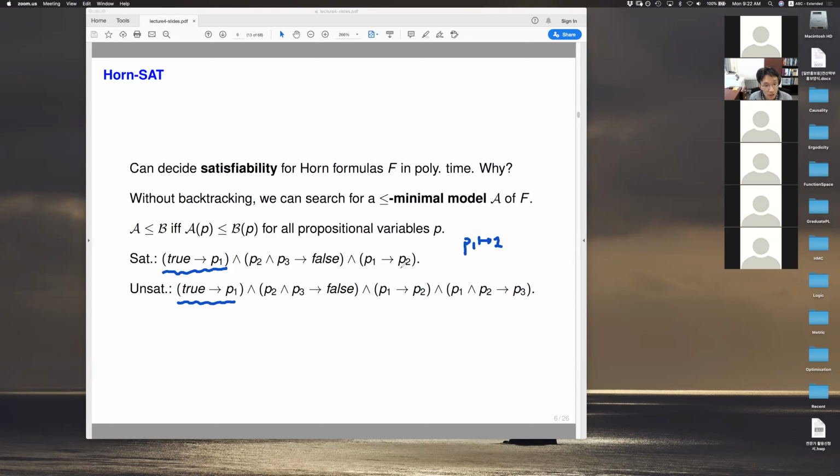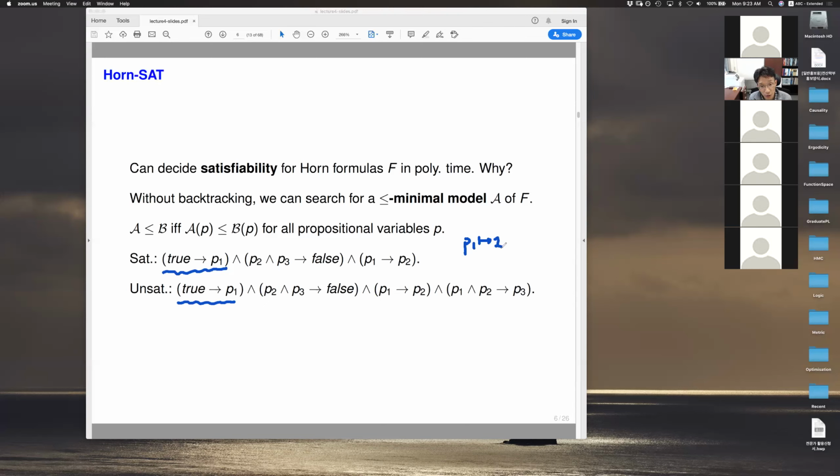Then now look at the rest. Because everything is written in implication form, saying P1 is equal to 1 activates, in some sense, some of the conjuncts. In this particular case, that activates the third conjunct, because the left-hand side of the implication in the third conjunct is just P1.